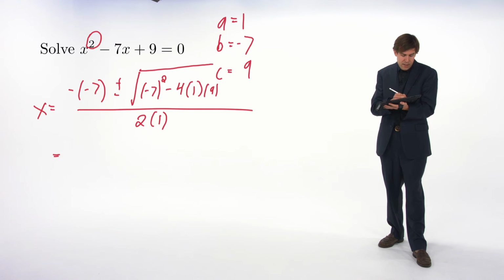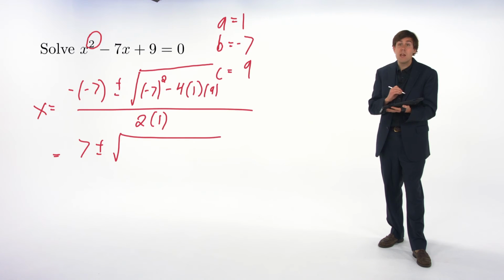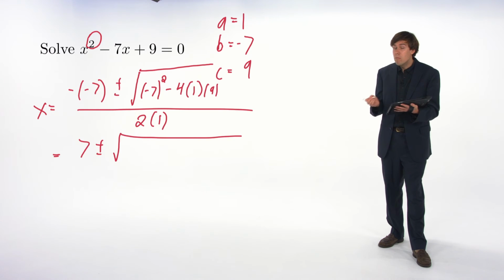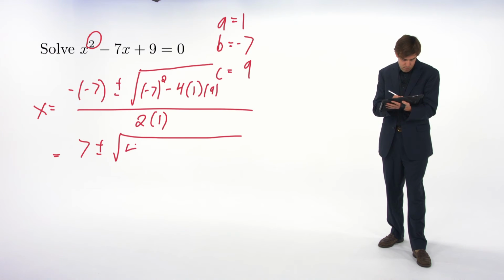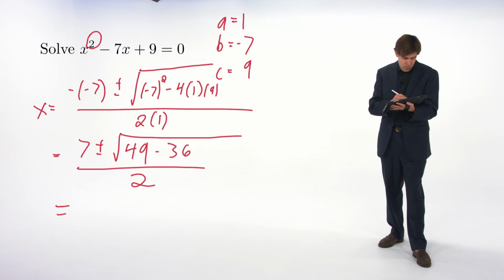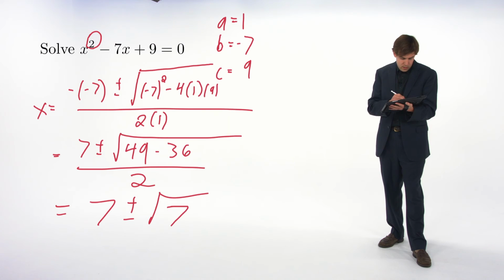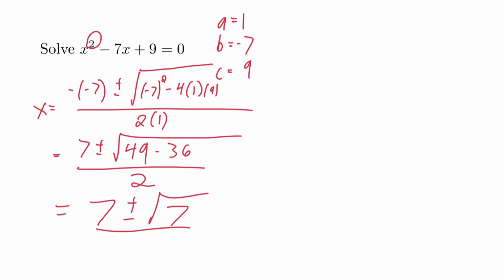So negative minus 7 is 7. What is minus 7 squared? 49. And then minus 4 times 9 times 1 is 36. Divided by 2. I think this is 7. So I just get this.